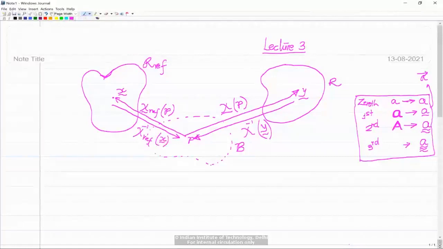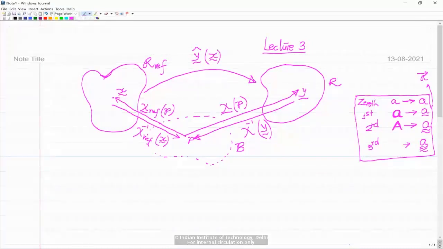And then we also saw that these two maps can be used to generate this map directly from the reference to the current configuration, which we denoted by y hat, which takes the reference configuration as an input and gives the current configuration as an output.